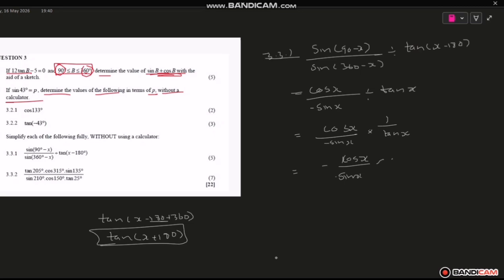Therefore, you can say times sine x over cos x. Therefore, they are going to cancel out. You're going to have negative 1. So that's our answer.